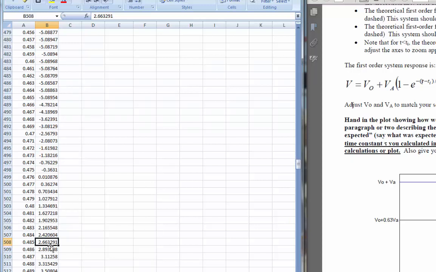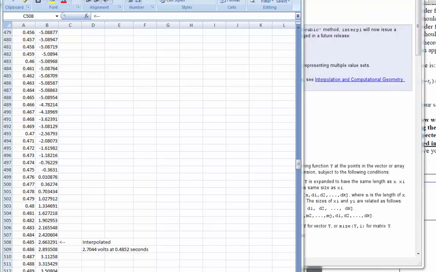Somewhere in this range, between these 2 points, we go through 2.7044 volts. So I could interpolate these, or I could pick one. I'll interpolate between these 2 points. What I want to find is the time when it goes through 2.70 volts. Okay, so I did some interpolation on my calculator, and I found 2.7044 volts at 0.4852 seconds.